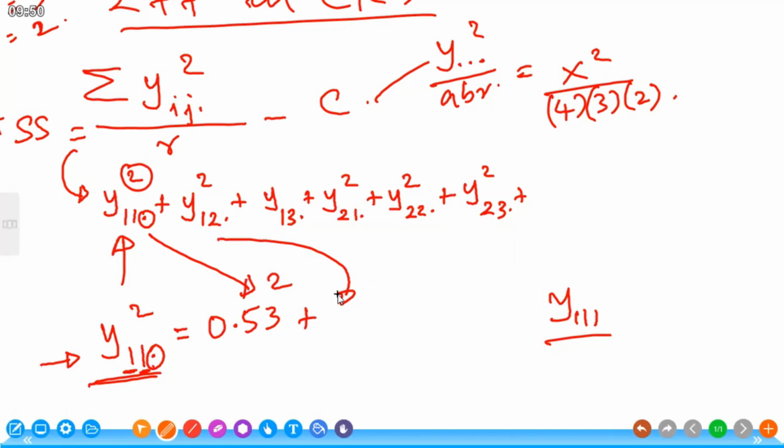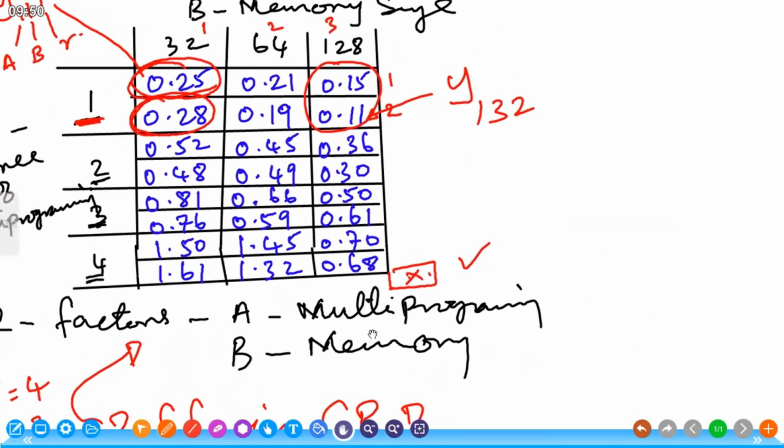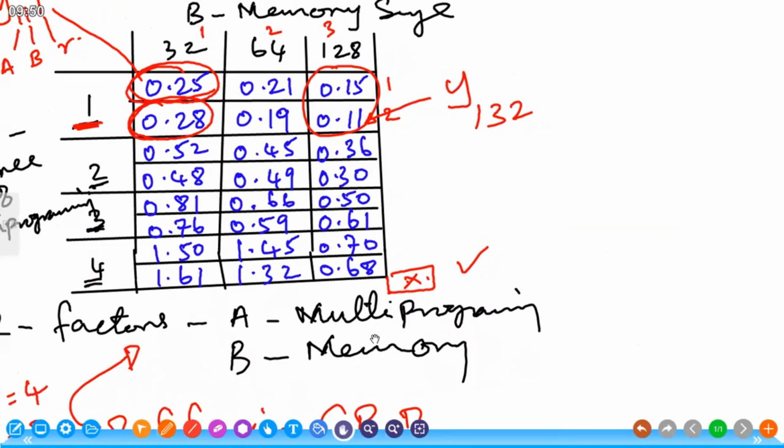Answer for the second one. Yeah, 0.40 to the power square. Yes. Tell me, what are the values you added?